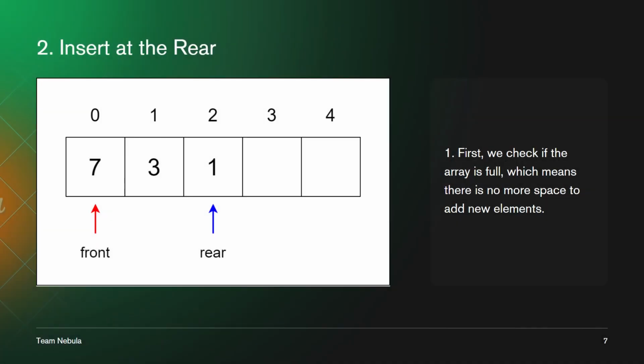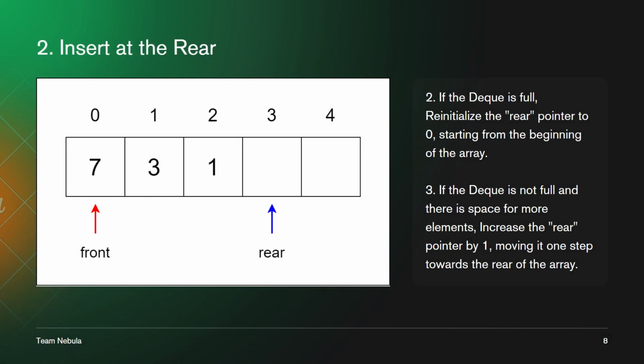Great! Let's now explore the insert at the rear operation of our circular array based dequeue. When we insert an element at the rear of our dequeue, we follow these steps. First, we check if the array is full, which means there is no more space to add new elements. If the dequeue is full, we reinitialize the rear pointer to 0, starting from the beginning of the array.